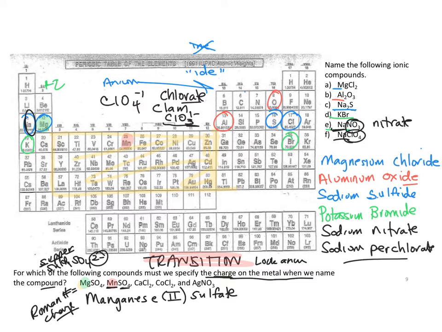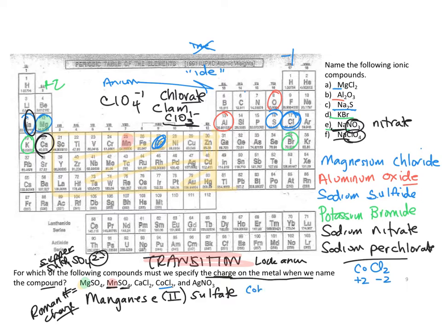Okay, calcium. Well, calcium is in the +2, so we don't have to worry about that. Cobalt. Cobalt is in the transition metals, so we have to worry about that. So we have chloride, which is a -1, and there's 2 of them. So this is a -2, so we know cobalt has to be a +2.